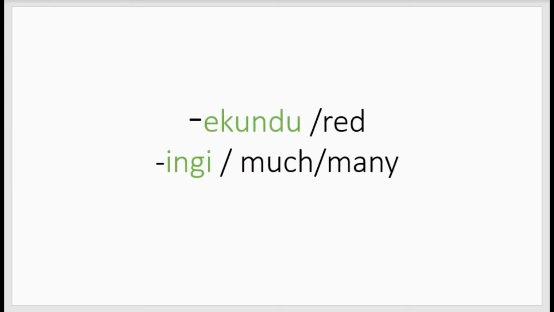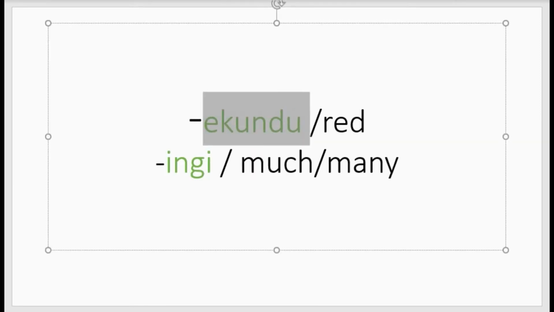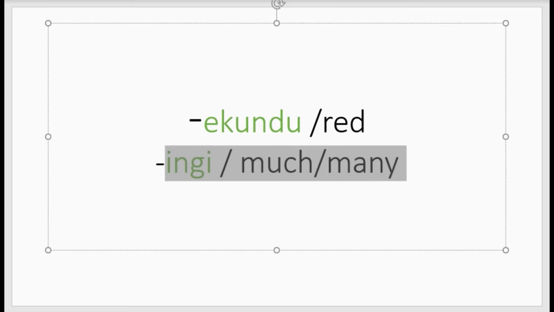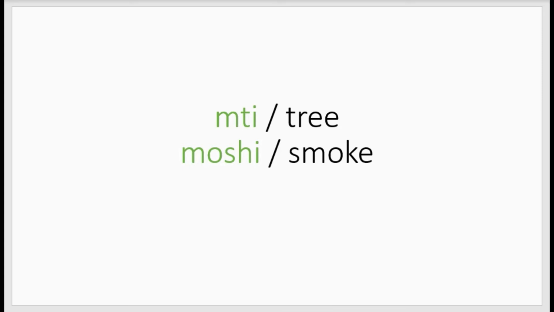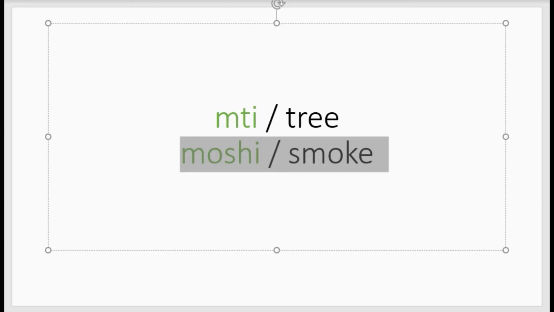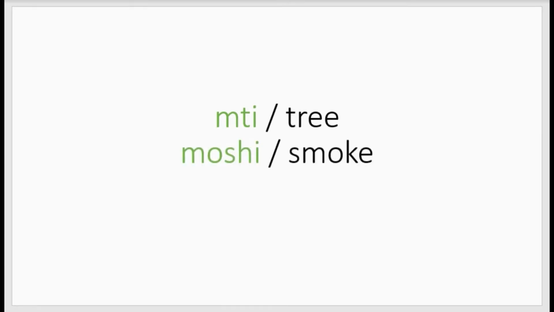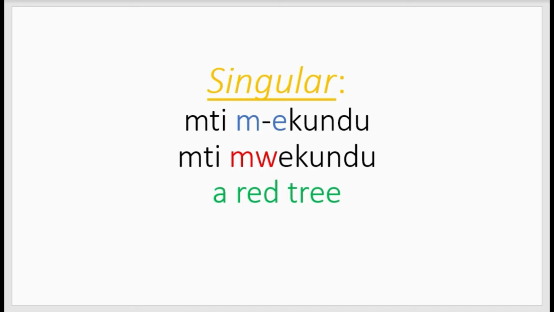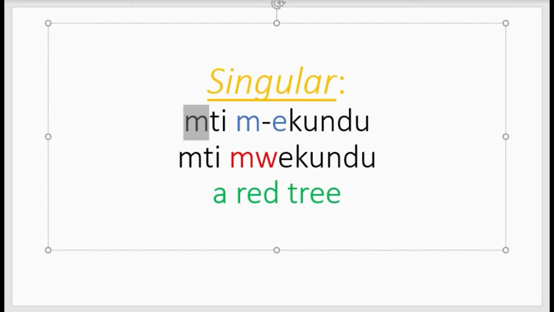Now, in ma-mi class, for example, we have ekundu, which means red, and we have ingi, which means much or many. These are just examples. Now, mti is a noun. Moshi is smoke. In singular, we want to say a red tree. Mti.